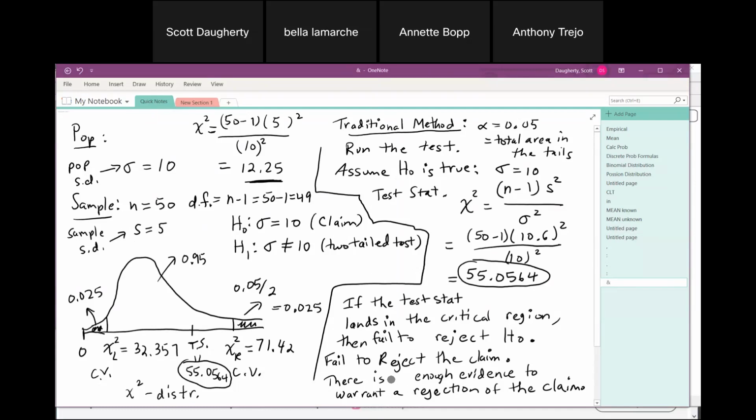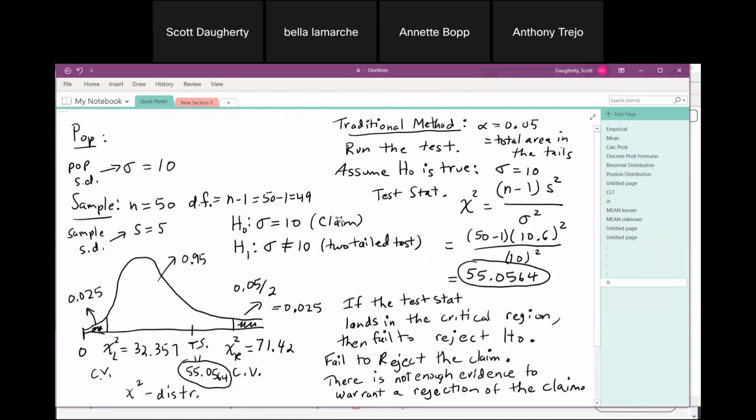And that is, there's not enough evidence to warrant a rejection of the claim, which is what happened in the original problem, right? So going back to the original problem, that's the best scenario that a researcher could hope for. We'll never be able to support their claim if the claim is attached to the null hypothesis.